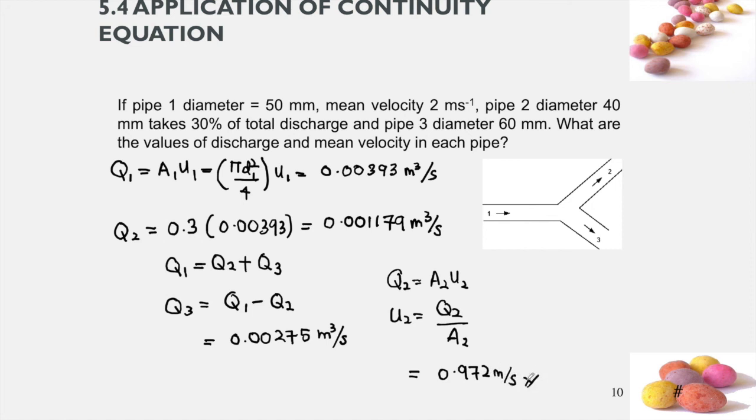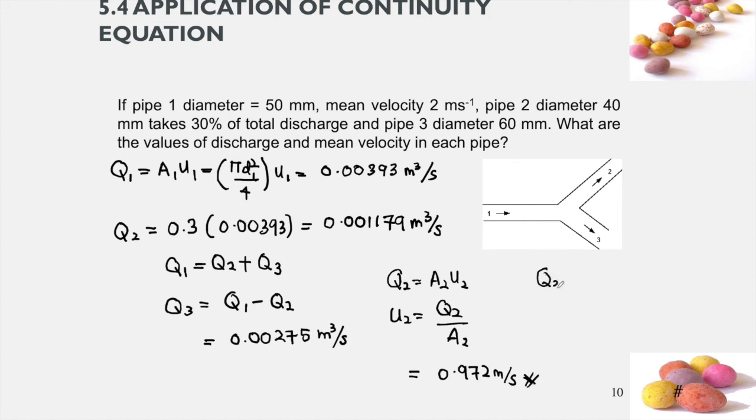So this is the velocity at point 2. Q2 was already calculated before. So substitute the value, and the area is pi d squared over 4. The diameter unit must be changed into meter before you substitute into pi d squared over 4.